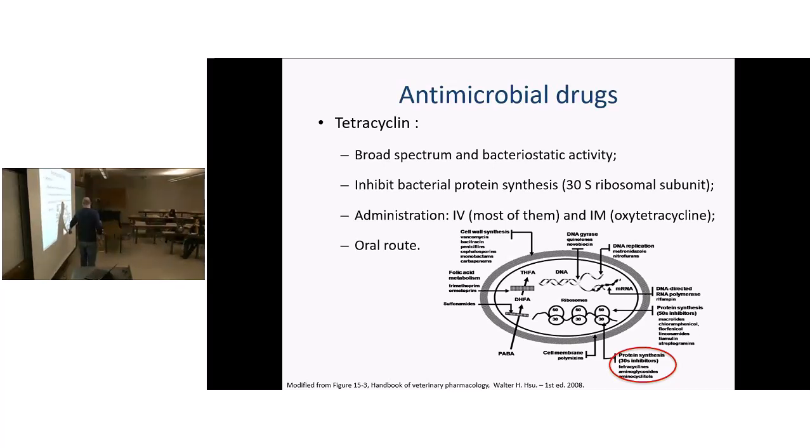We're not going to be talking too much about aminoglycosides, but tetracycline tends to be one of the major ones for this class, the 30S inhibitors. You can give it by most of the routes, but in general it tends to be IV or intramuscular. Oxytetracycline is the other variation of tetracycline that is widely used as well.